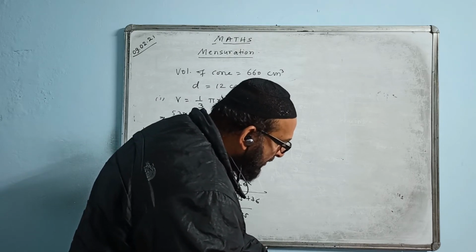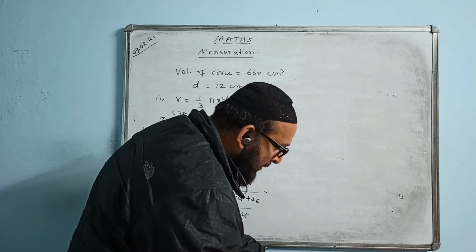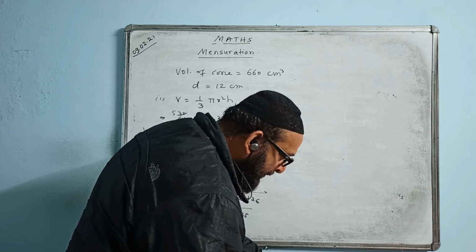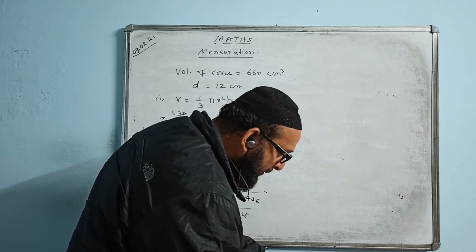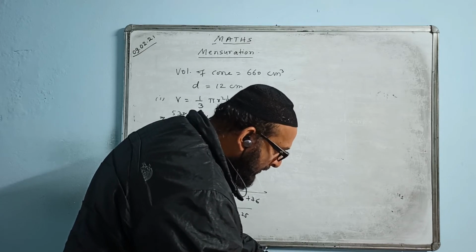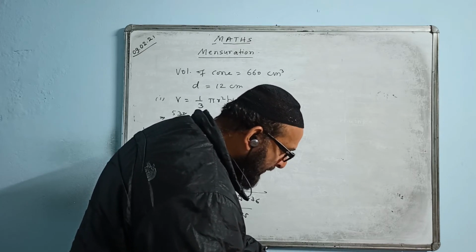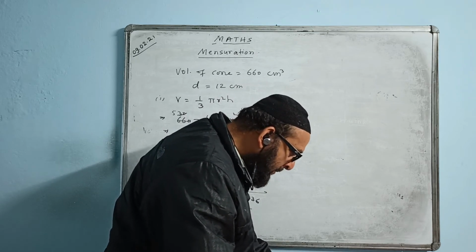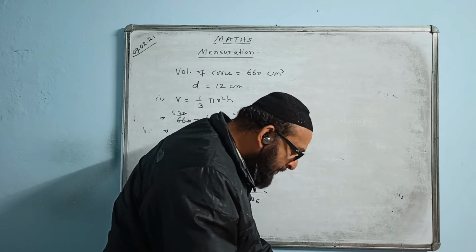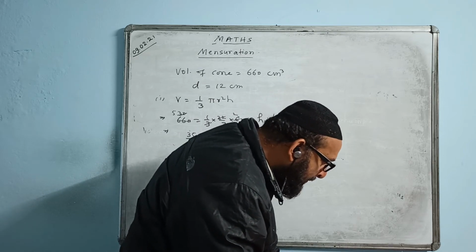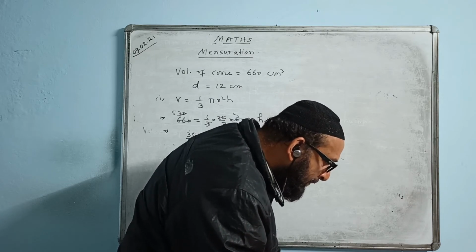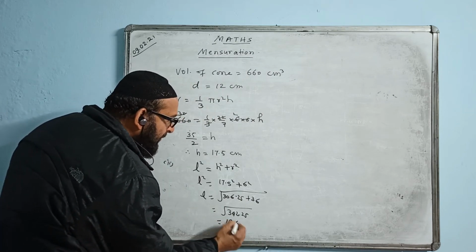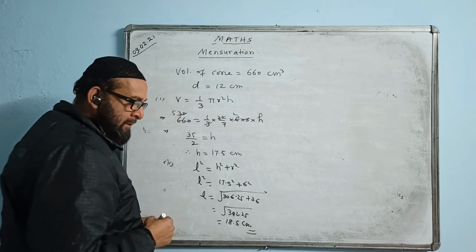They will give some easy numbers, so the answer will come out. This will come 18.5. Root will come 18.5 centimeter.